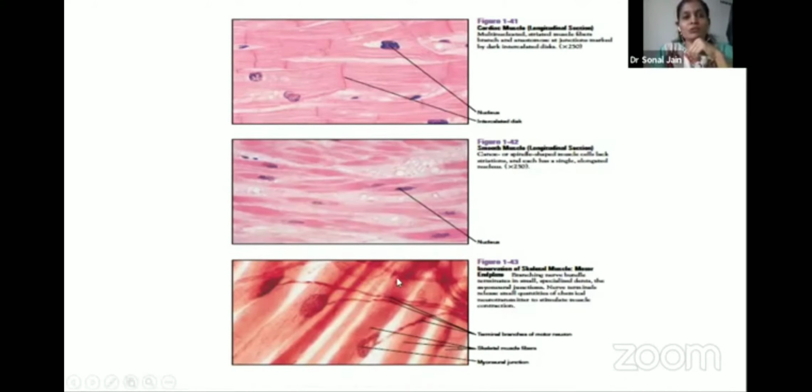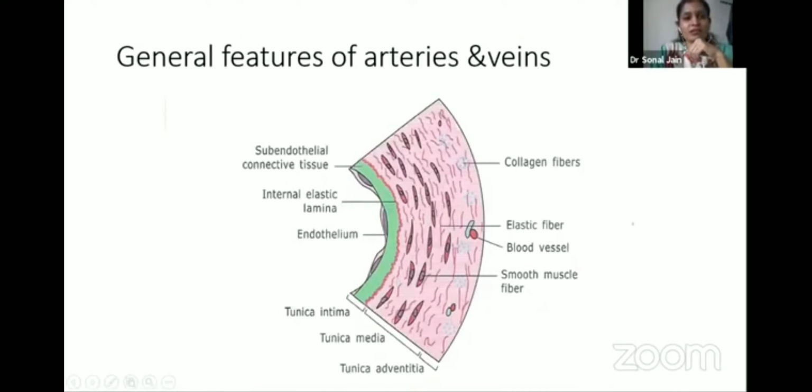So now moving towards the general features of the arteries and the veins, that is the basic structure of blood vessels. They are made up of three layers from inner to outer: tunica intima, tunica media, and tunica adventitia. This is the lumen. This green one is the tunica intima.